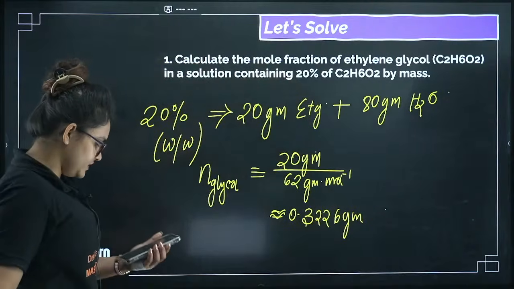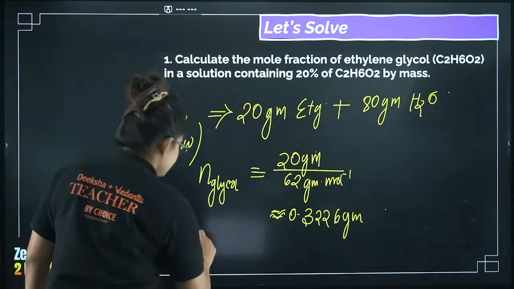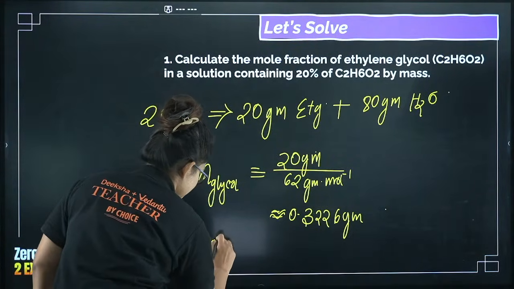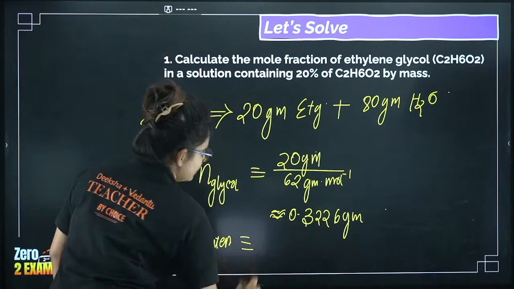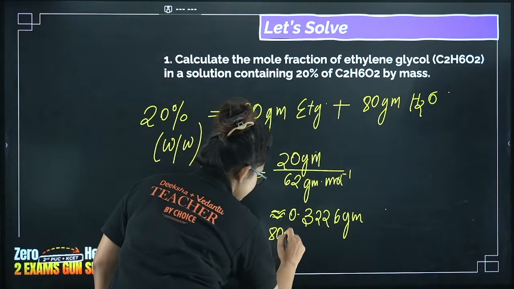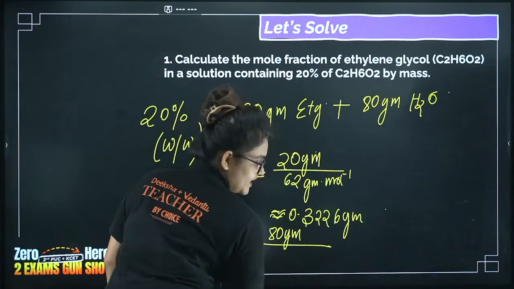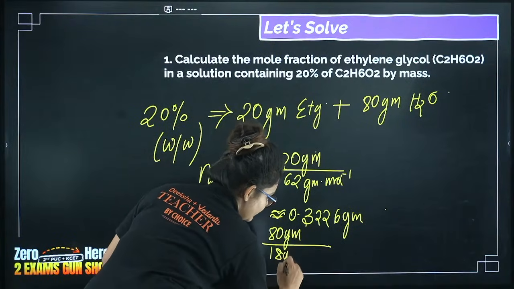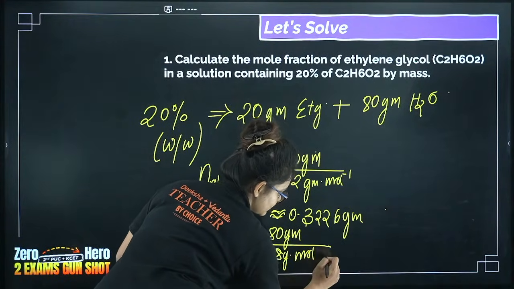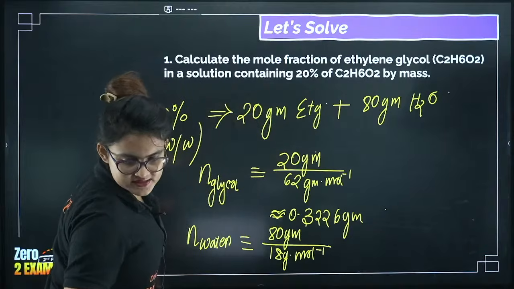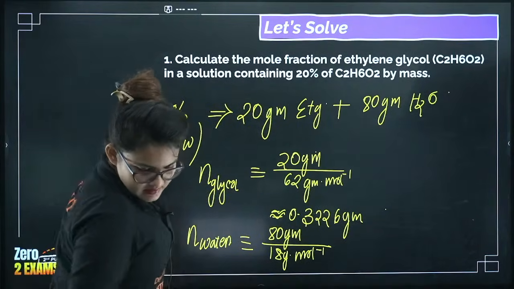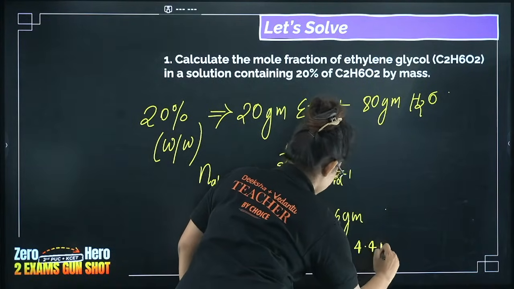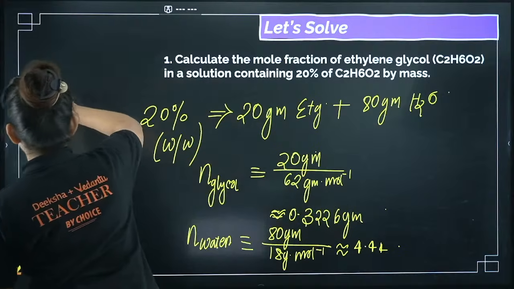This is the number of moles of ethylene glycol. Next, number of moles of water: 80 gram divided by the molecular weight of water, 18 gram per mole. If you calculate this, it will come almost 4.44. Sorry, this should not be gram, this should be mole.